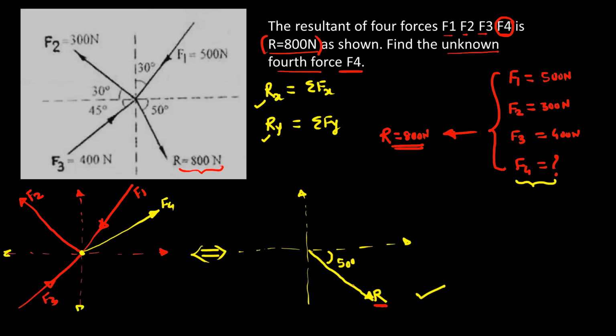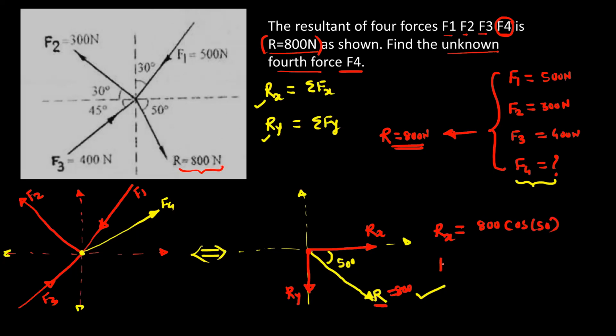Okay, resolve this force. So you can resolve directly at this point. So draw the first component along x-axis. This is nothing but Rx. Draw the second component along y-axis. This is the Ry. Okay. So Rx is equal to, so R is 800 Newton. So this is 800. Rx is adjacent to angle 50 degree. So 800 cos 50.